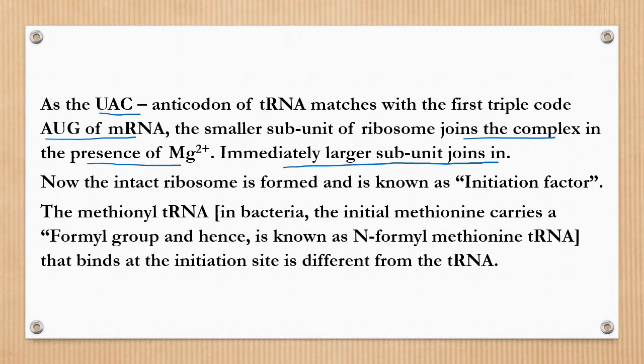So once again I am repeating, as the UAC anticodon of tRNA matches with the first triplet code of mRNA, that is AUG.